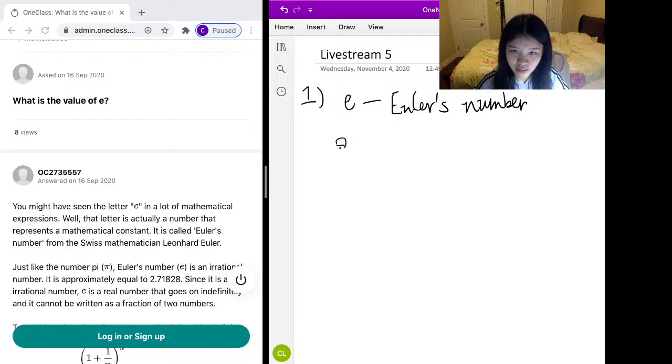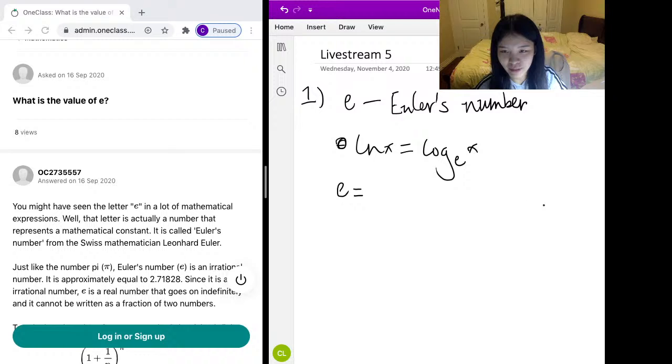For example, the function ln is derived from the logarithm with base e, where this e is Euler's number. It has a lot of applications, and the value of e is an irrational number, so it has an infinite number of non-repeating digits.